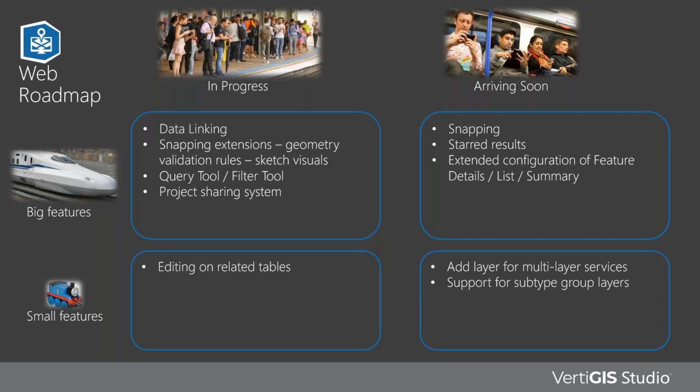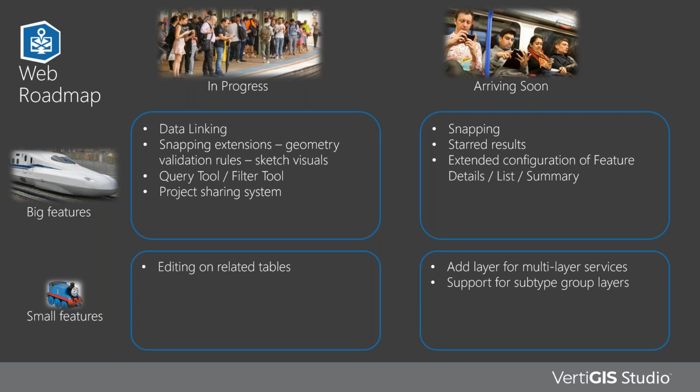Hey, Cam, let's get that snapping thing delivered. Why don't I have snapping yet? That stuff. And then there are some more advanced use cases around validation rules and fine-grained control over sketch visuals to give feedback to users as they're snapping in some of the more enterprisey, very applied methodologies around editing. So that one is coming.